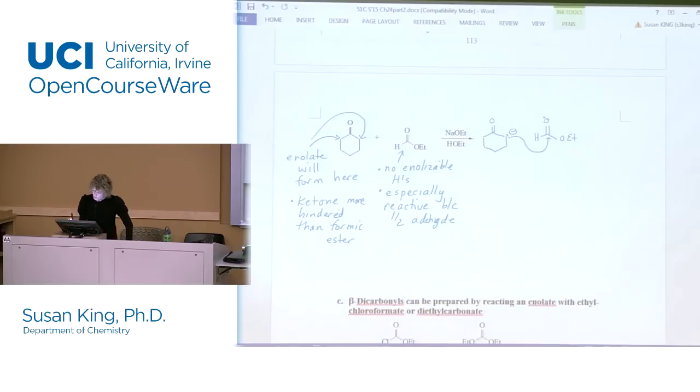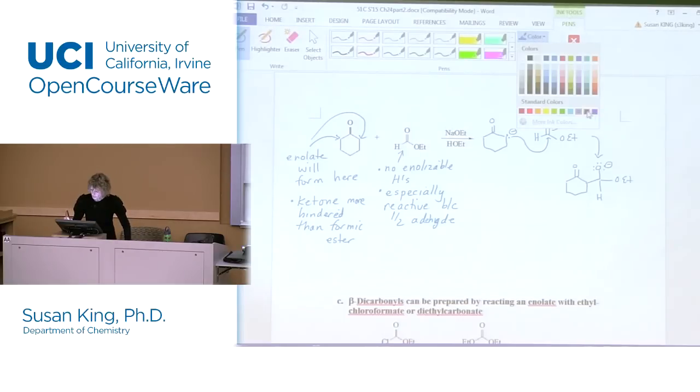So let's push electrons up onto oxygen here. Let's take a look at our tetrahedral intermediate. And as you can see, here's our tetrahedral intermediate. It has a leaving group.